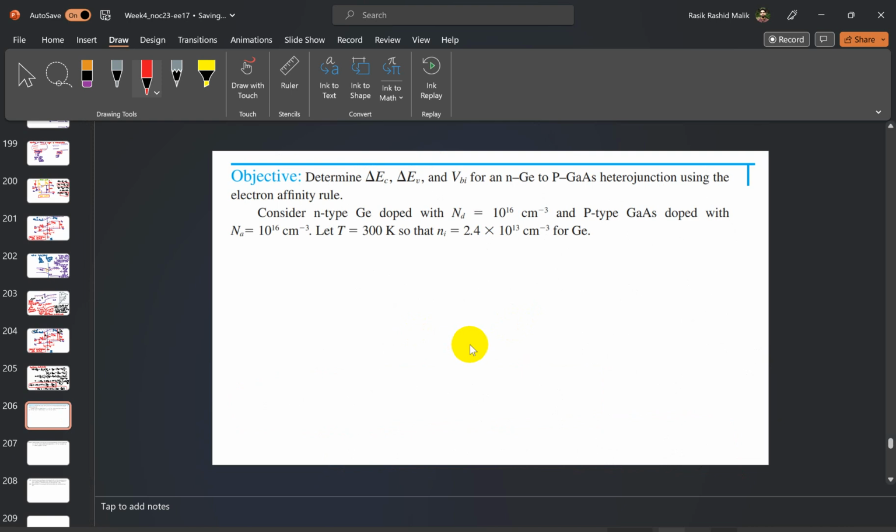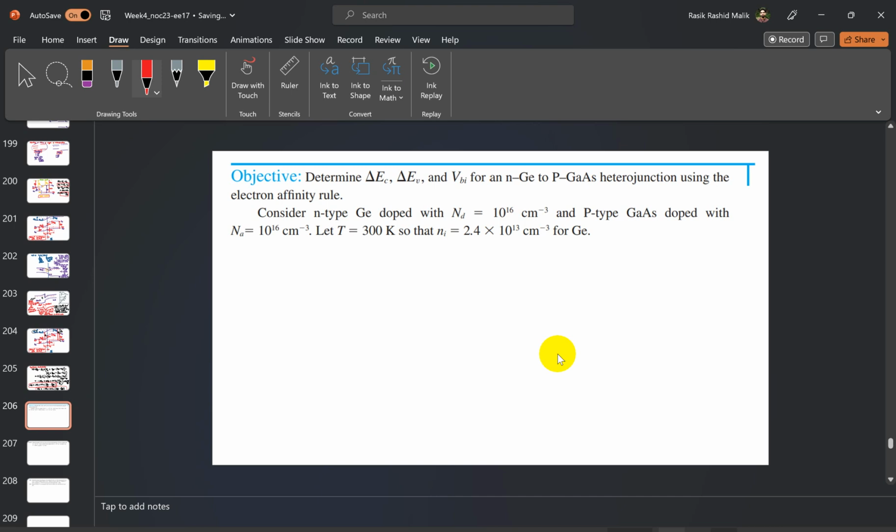We have N germanium and P gallium arsenide, the narrower band gap germanium and the wider band gap gallium arsenide P type. So using this rule, the electron affinity rule, where the vacuum level was assumed to be continuous.